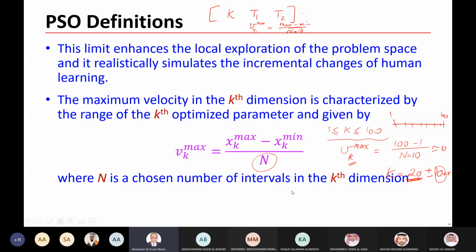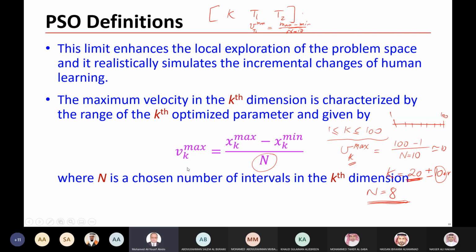And for the chosen number of intervals, you can set 10, for example, and it works fine. This is from my own experience and others also. n equal to 8 is also a good compromise.